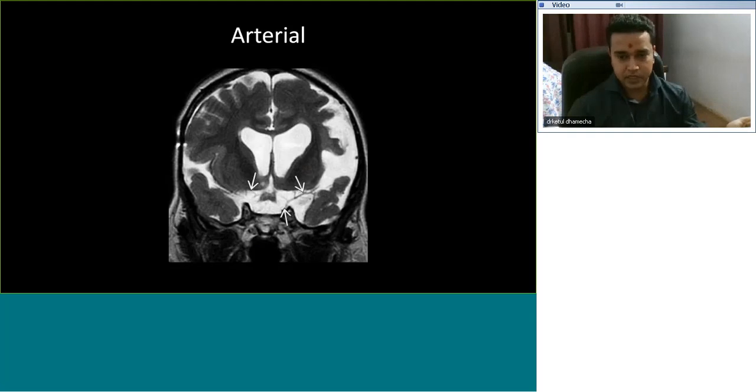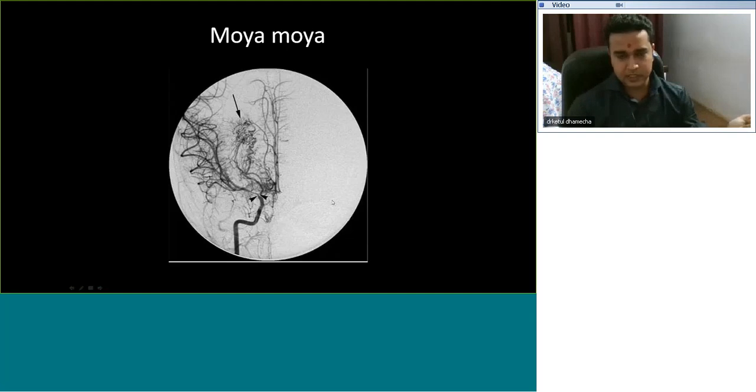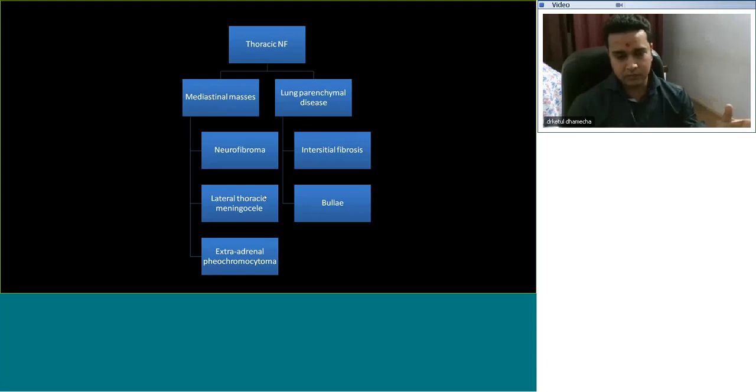Here you can see the MCA and ICA are very thinned out, and there is very significant atrophy also. On arteriography you can see this kind of Moyamoya-type pattern due to severe stenosis in the ICA at this point. So this is the basic brain imaging in NF1.